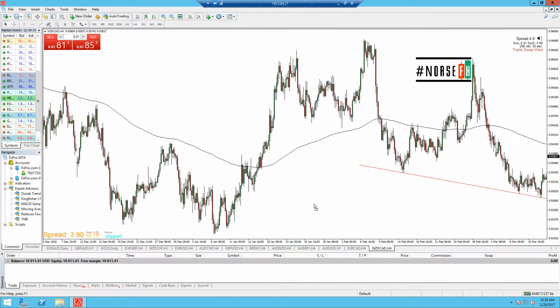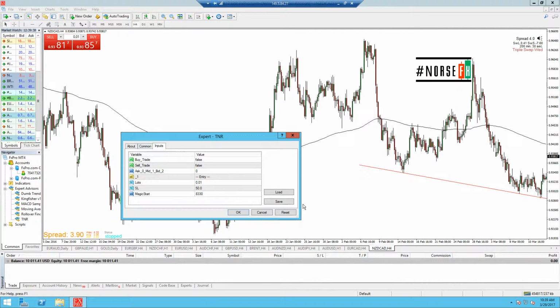All we need to do is drag the EA onto the chart, set buy trade to true. We set our size that we want and the stop loss that we want as well. Stop loss is default at 50 pips and the lot size is default at 0.01. So you have to program this for each trade.